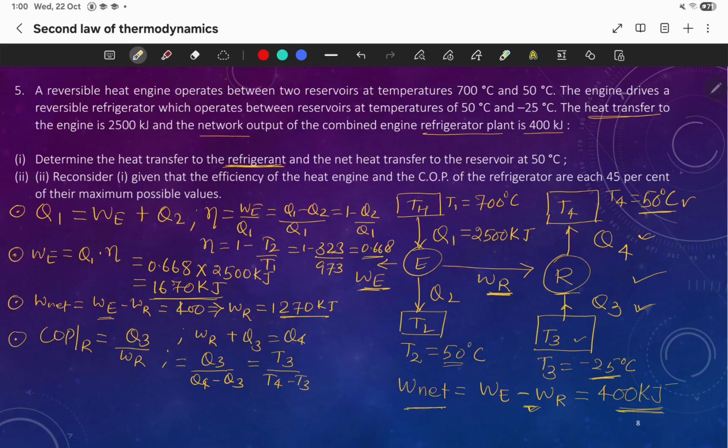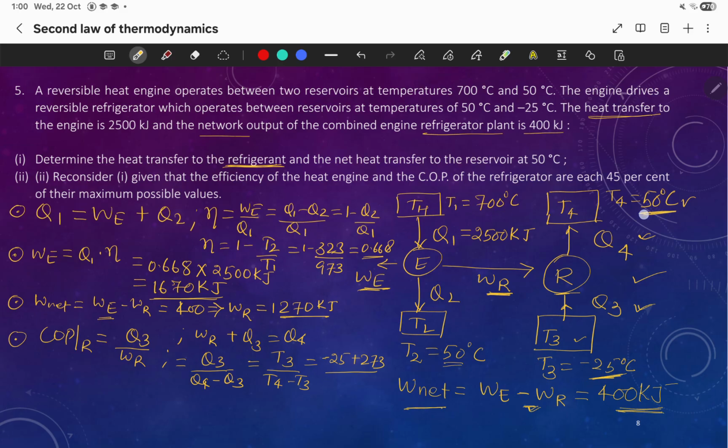So just write the values. We will get 240, this is T3, we write minus 25 plus 273. And here T4 is how much?